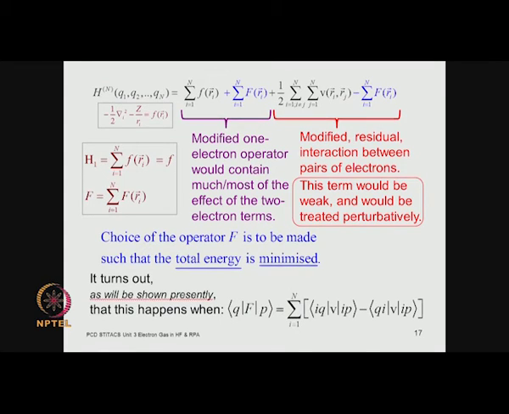It turns out, and that is what we are going to show shortly in this class, that the operator which will minimize this will be such that the matrix element of f in the Slater determinants q and p, in which q has one state different from the previous one, is given by the expression on the right hand side.